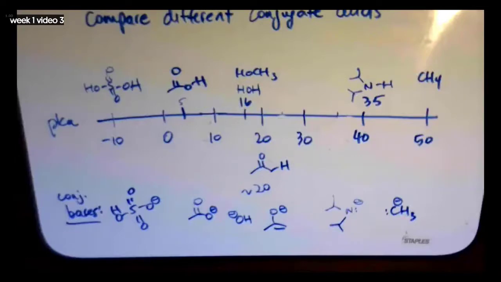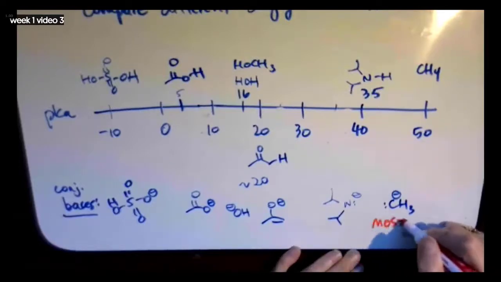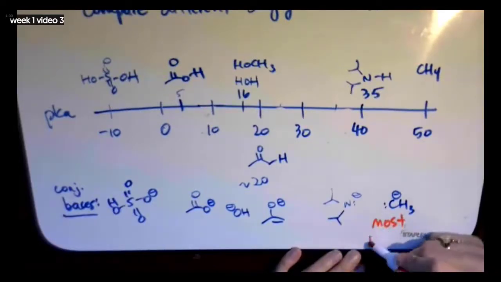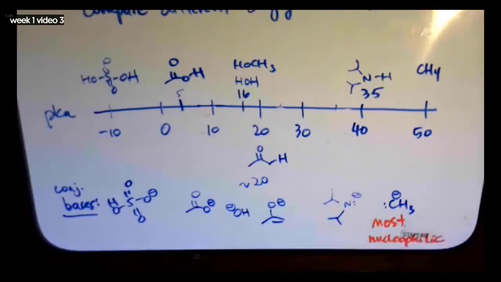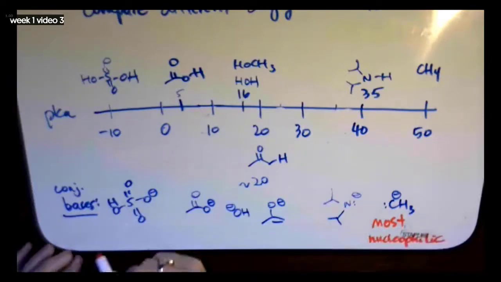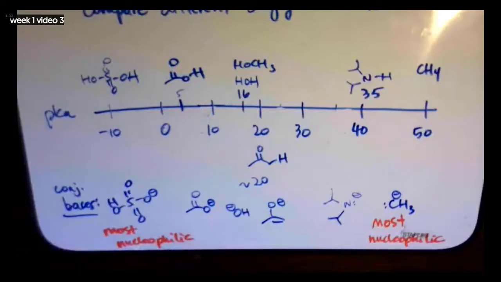And we can rank them. Their nucleophilicity corresponds to the pKa of their conjugate acid. So the most nucleophilic is going to be the carbanion, and of course the least nucleophilic is going to be the sulfate, right?